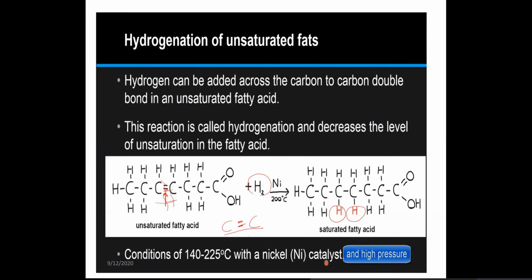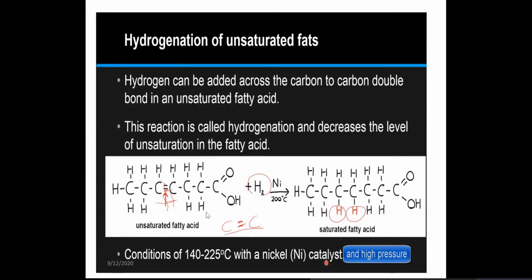Okay, so in the hydrogenation process, hydrogen is added across the carbon-carbon double bond in an unsaturated fatty acid, and this reaction is called hydrogenation. It decreases the level of unsaturation. You are converting the double bond into a single bond, and that means you are reducing the unsaturation.